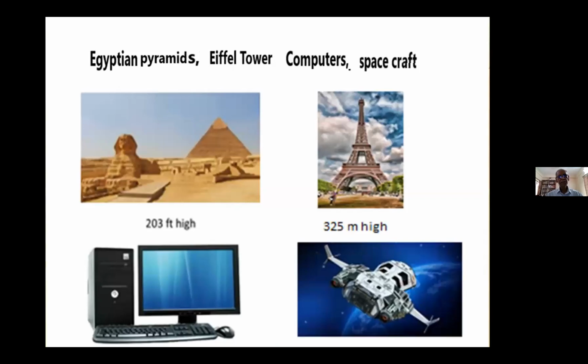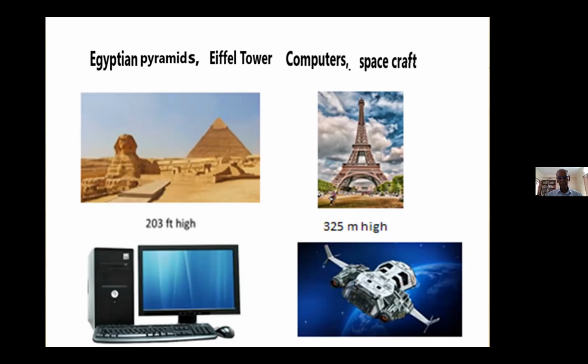For example, Egyptian pyramids, which could be as high as 203 feet, the Eiffel Tower, 325 feet high, computers of all sorts, spacecrafts, they were never there on the face of the earth.